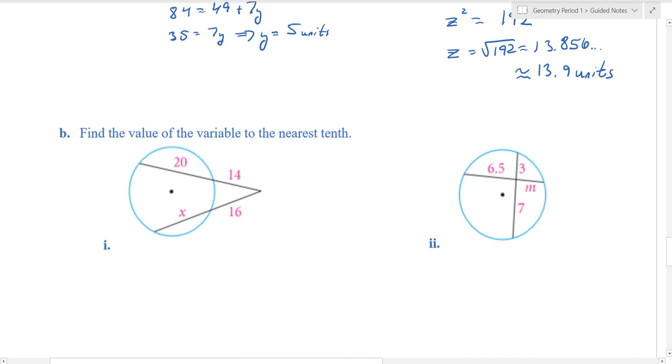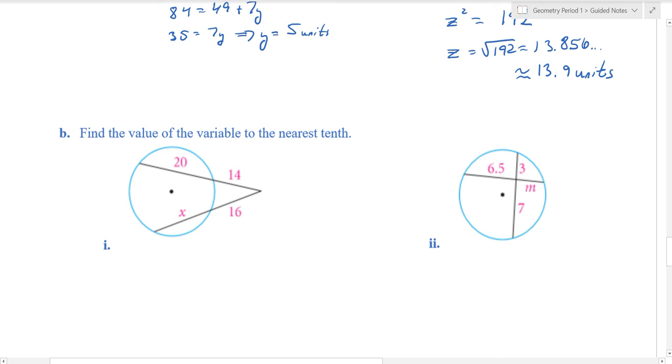Alrighty. So on this particular case, on number 1, we have a type 1, actually a type 2 rather, a type 2. So we have 2 secants and an angle outside.